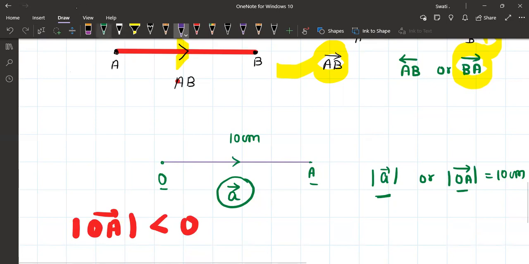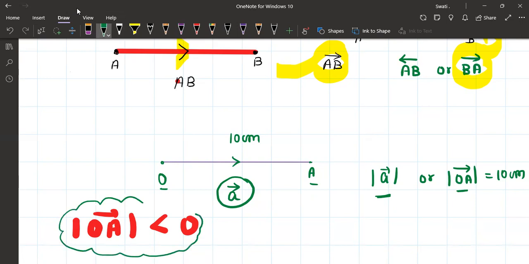OA lesser than 0 has no meaning in vectors. So the magnitude of vector OA should always be greater than or equal to 0. Here I am writing just greater than 0, or if you want, you can also write this. Why equal to 0? Because that is a type of vector that has a name, which I am going to discuss just now.